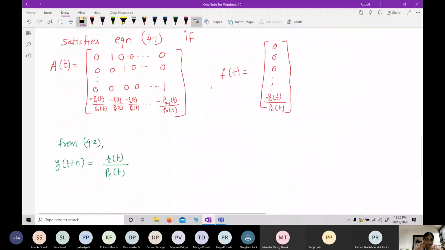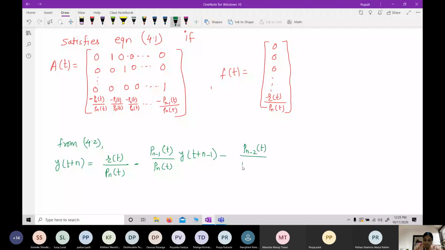Minus pn minus 1 of t upon pnt into y at t plus n minus 1, minus pn minus 2 of t upon pnt y at t plus n minus 2, and last one is minus p0t upon pnt into y of t.